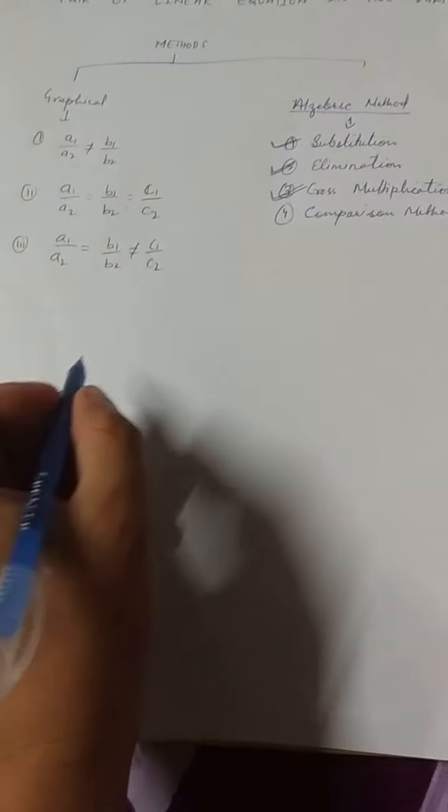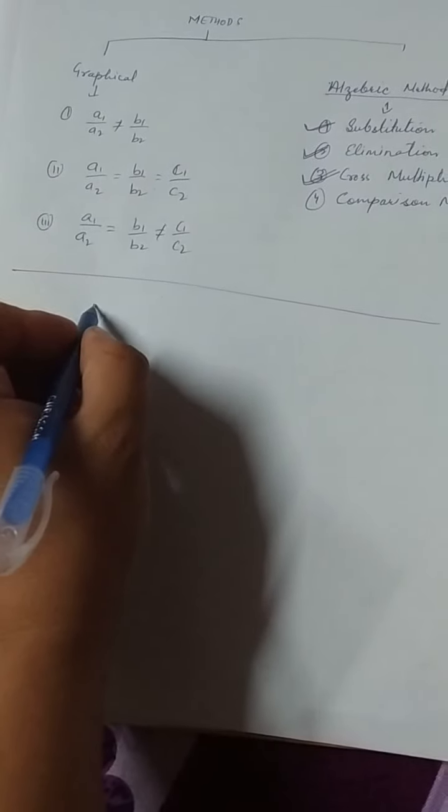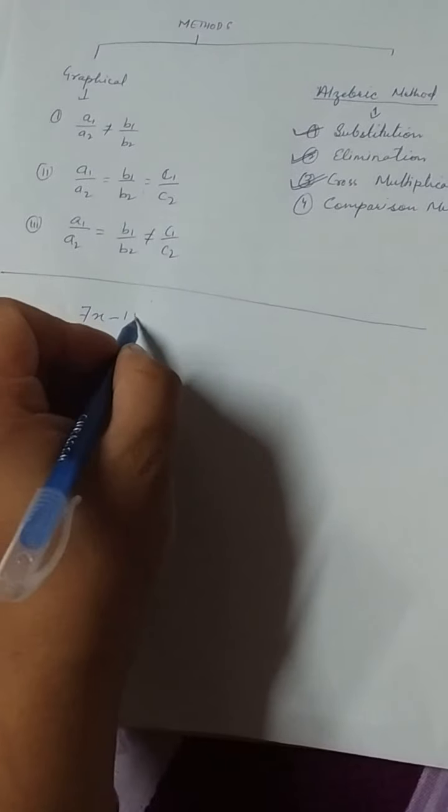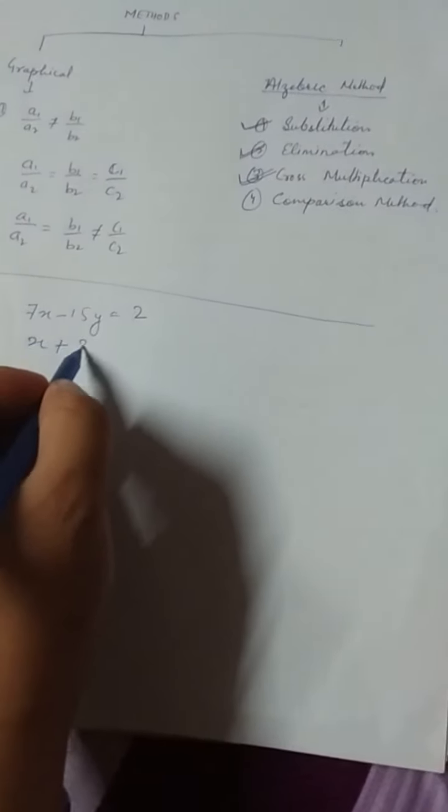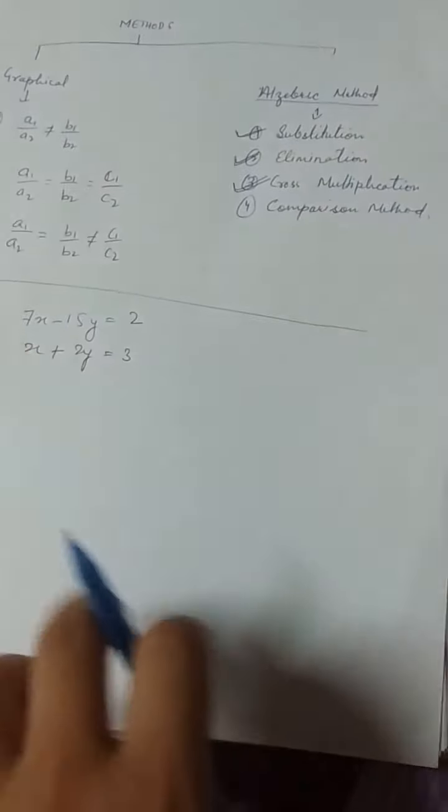Let me take any numbers like 7x minus 15y is equal to 2 and x plus 2y is equal to 3. So we have to solve it in this way.